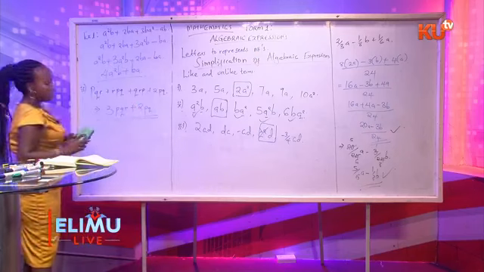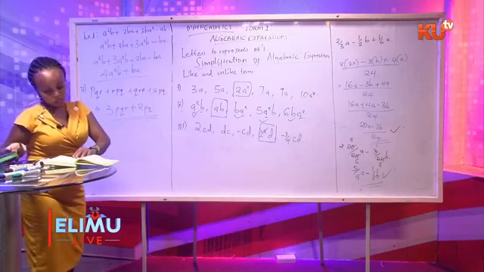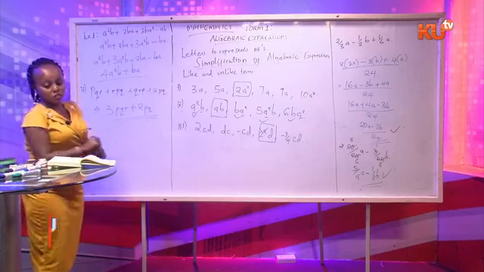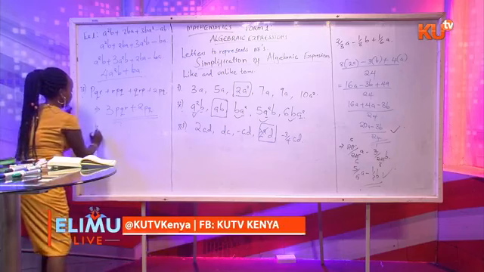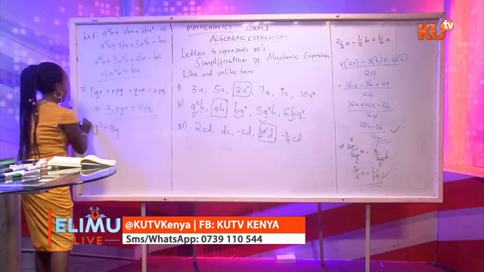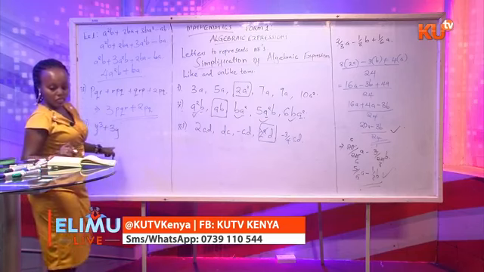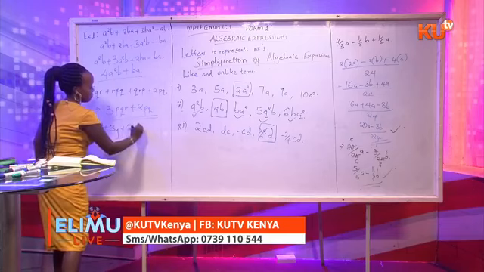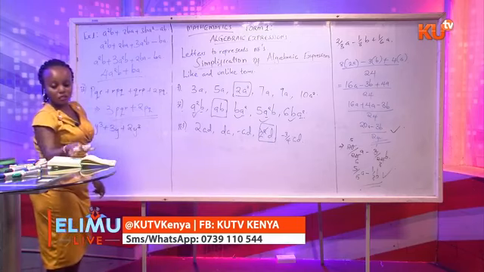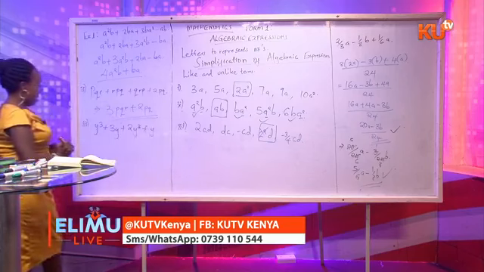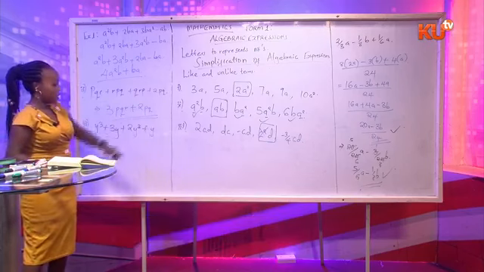The last example, example 3, is y cubed plus 3y plus 2y cubed, and then plus y. So this one looks a bit simpler. We have y cubed there and we have another y cubed here.